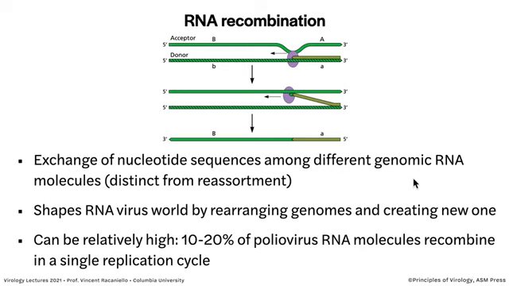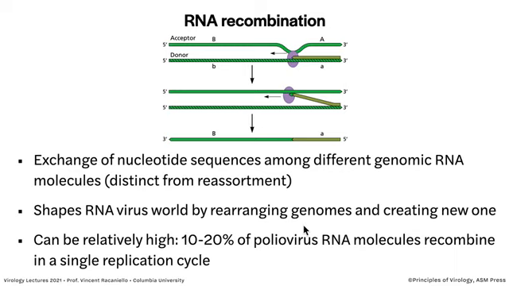And as I said, it's very high frequency in coronaviruses. In poliovirus, up to 20% of RNA molecules can recombine in a single replication cycle. So this is another high-frequency source of diversity. And we'll revisit this again, mutation rates and RNA recombination, when we come to evolution.